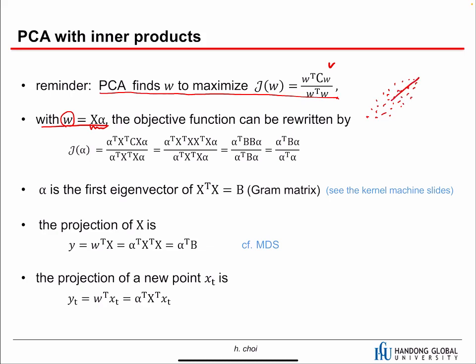Let's say this is our eigenvector. Then this eigenvector is in this two-dimensional space. Based on these samples, basically these samples are spanning this space. And because these data samples are spanning the space, any vector can be represented by a weighted sum of these data samples.